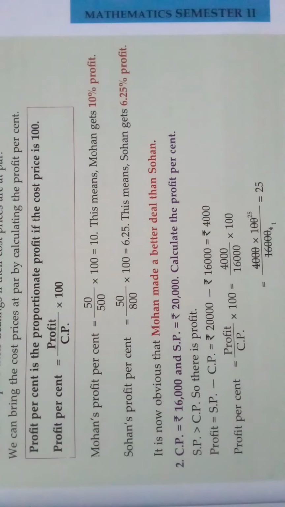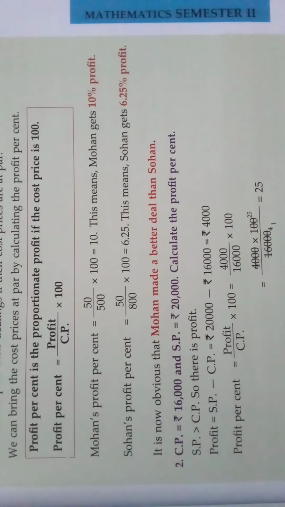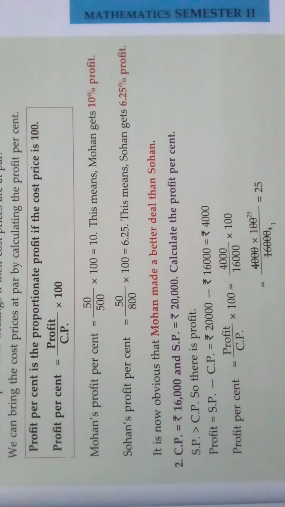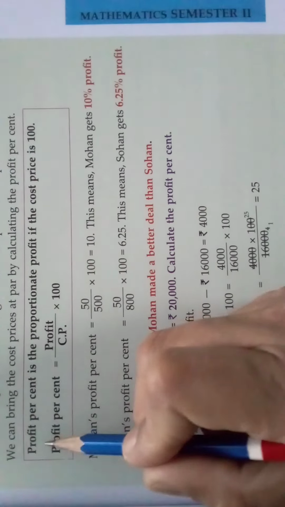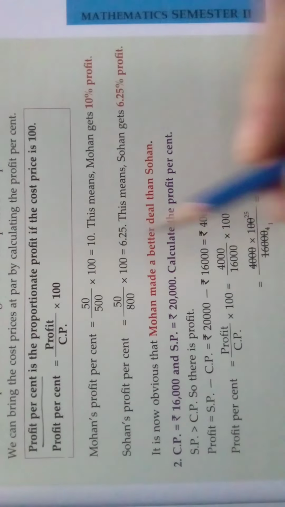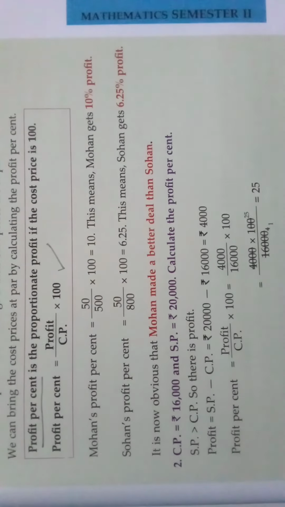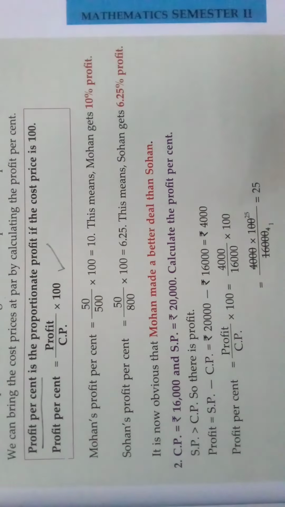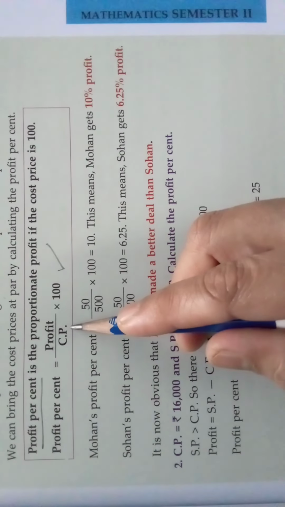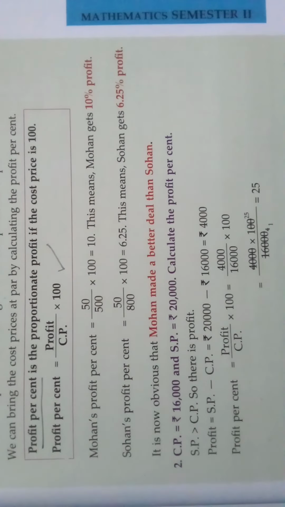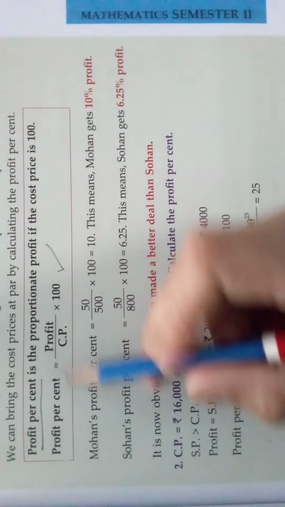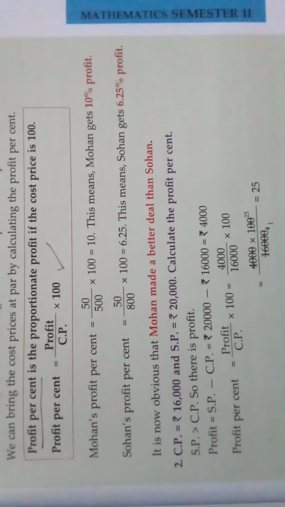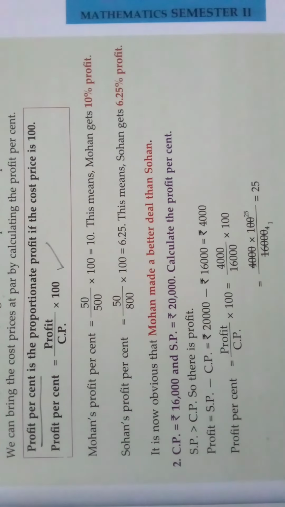So the main thing now we are going to see is profit percent and loss percent. First one is profit percent. This is the formula. You should keep in mind, very important this one. Profit percent is nothing but profit by cost price into 100.